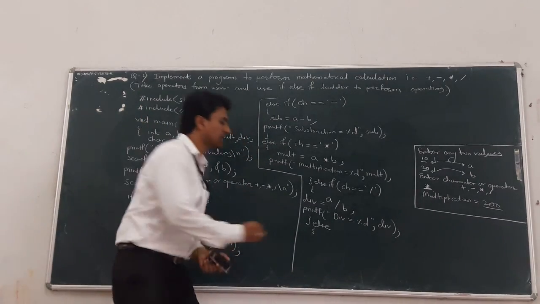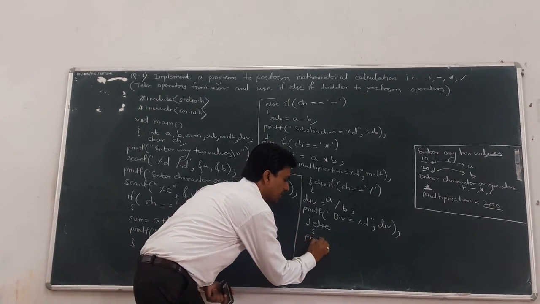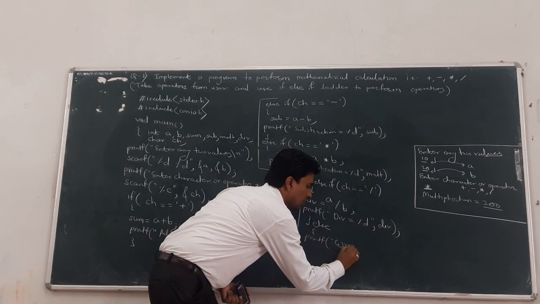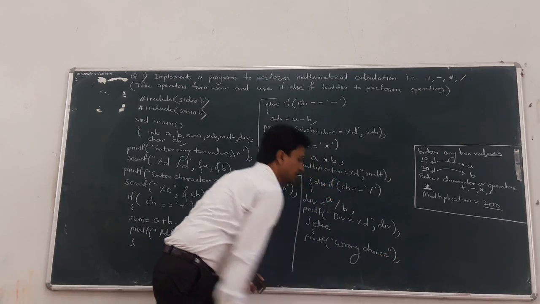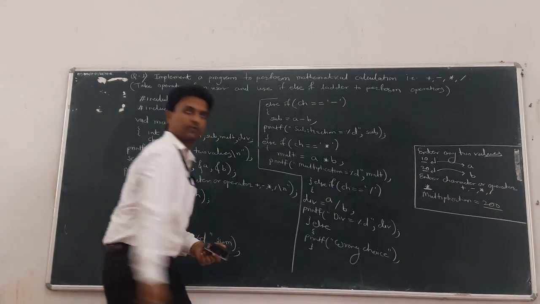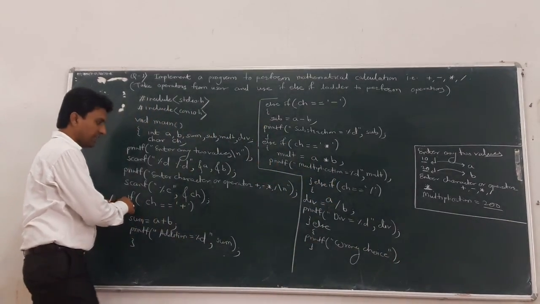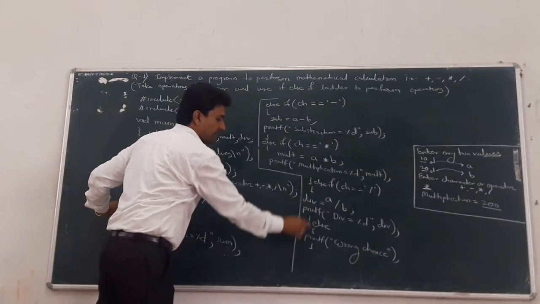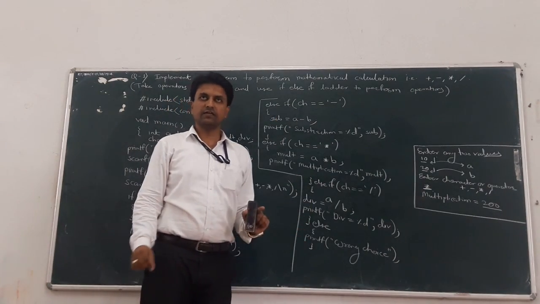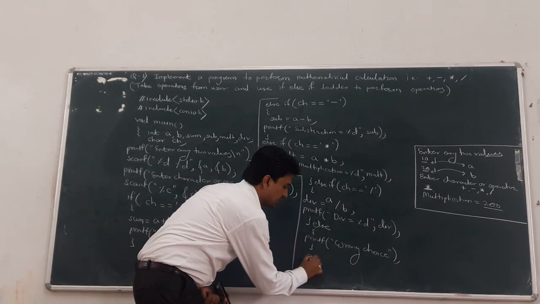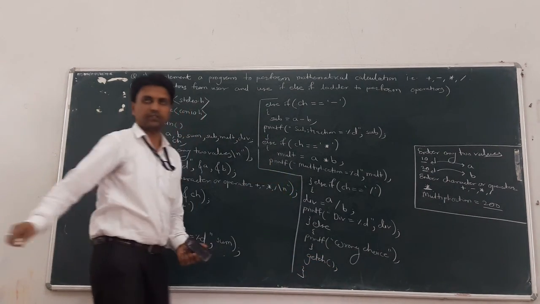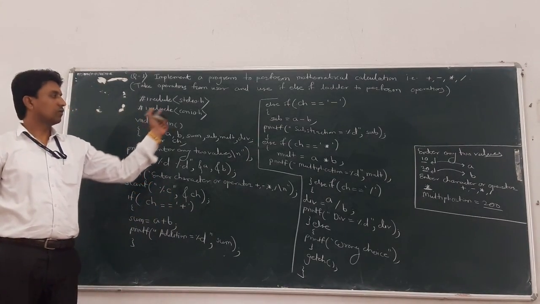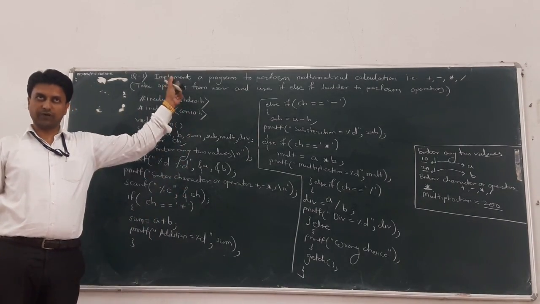And in the else part, give the message as a printf wrong choice double quotes complete else complete. Okay, this is the completion of the if else if ladder. Clear? After that, the last statement is getch and then the main function completes. This is the whole code of this program.